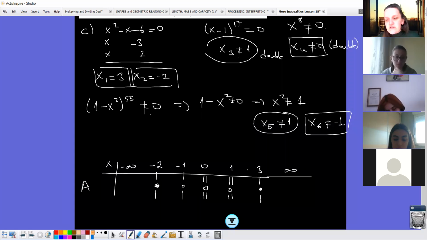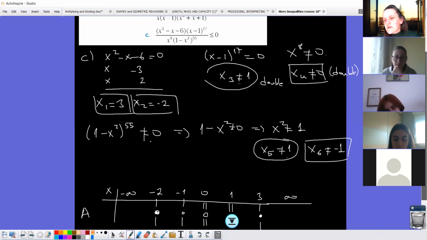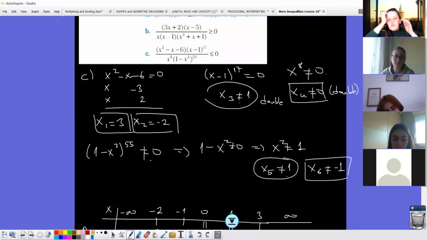So for our expression, let's see what our leading term is. Will it be positive or negative? Here we'll have x to the power of 17, x to the power of 17. Here I have x to the power of 2, so x to the power of 19 it will be. Both of them are positive, but here I have a negative one, yes?